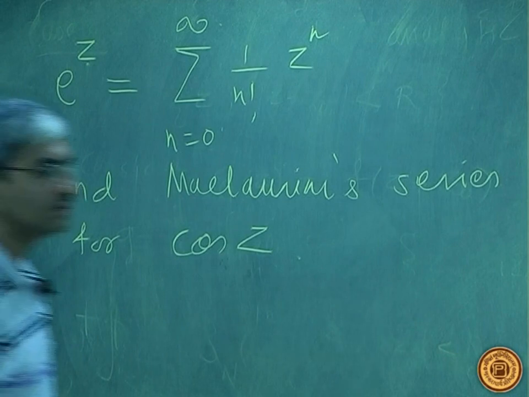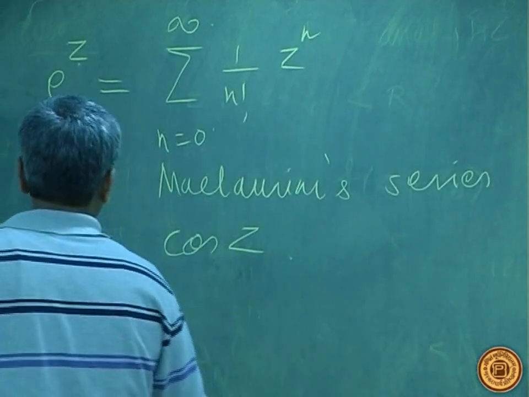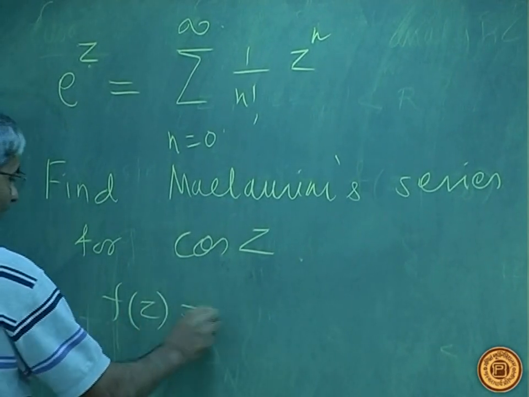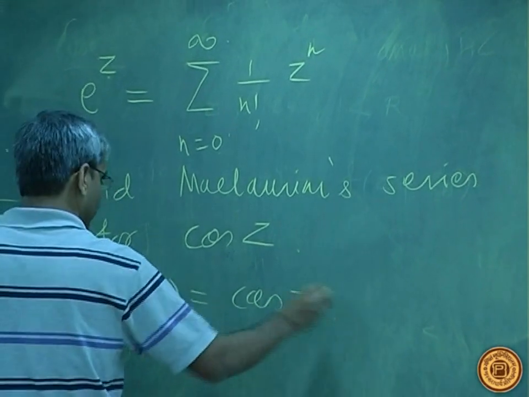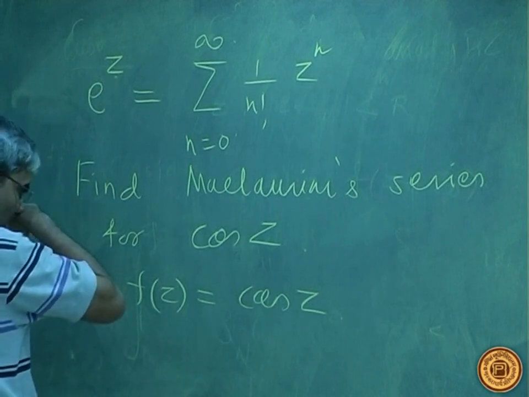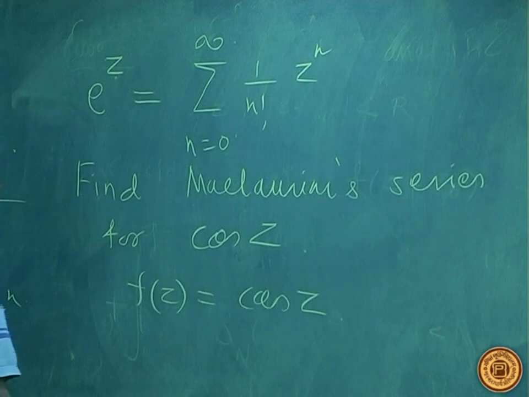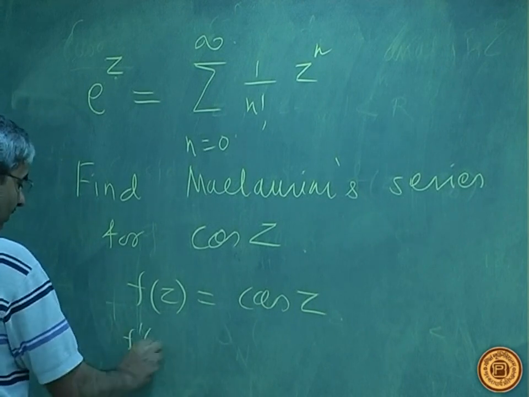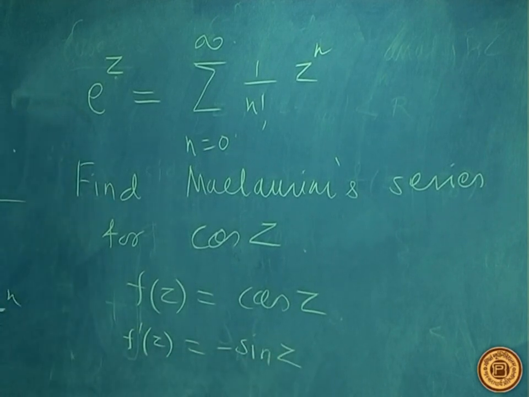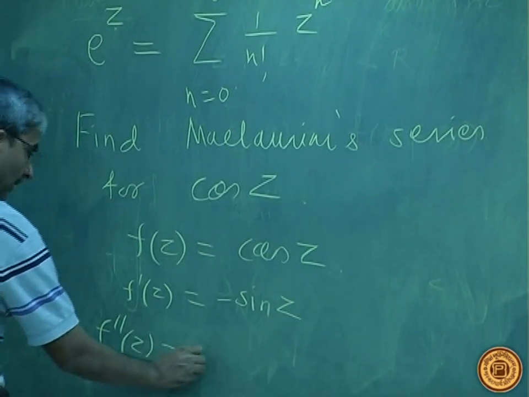Okay, let's start. Suppose I denote cos z by f(z). Then the first derivative, f dash z, is minus sin z. F double dash is minus cos z.